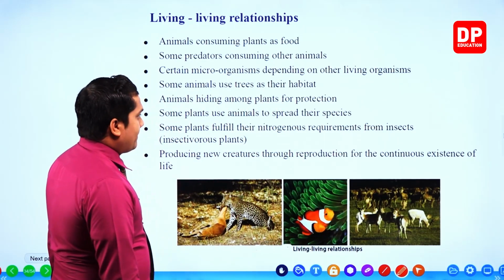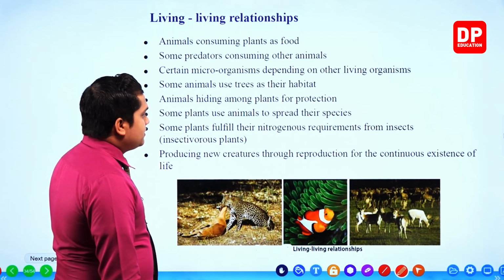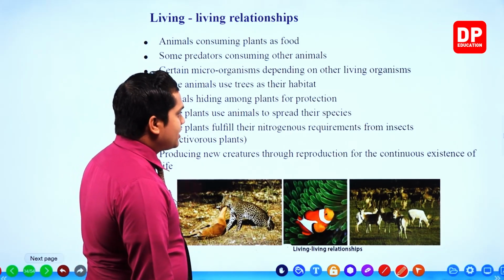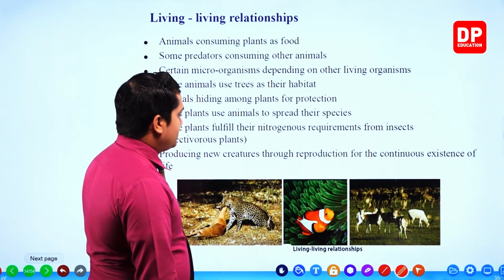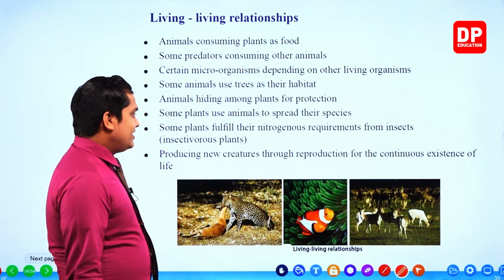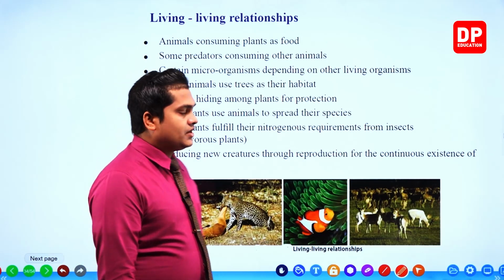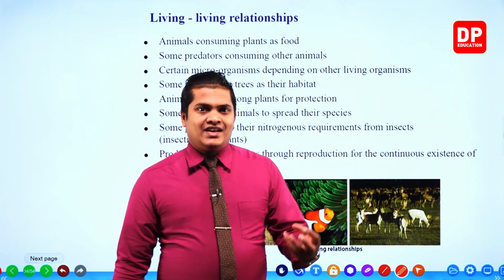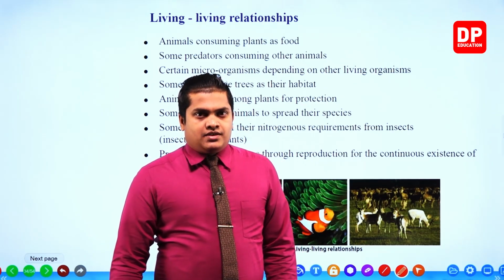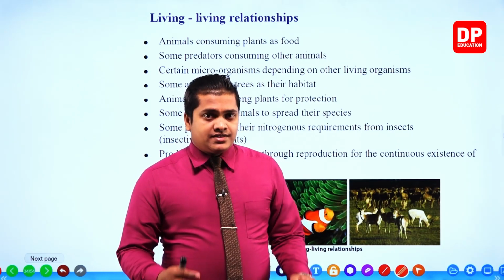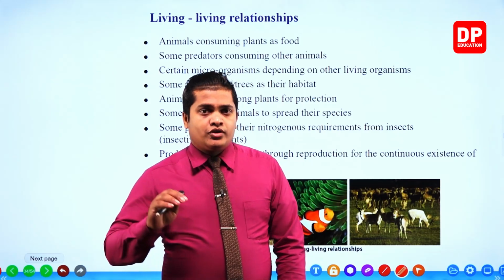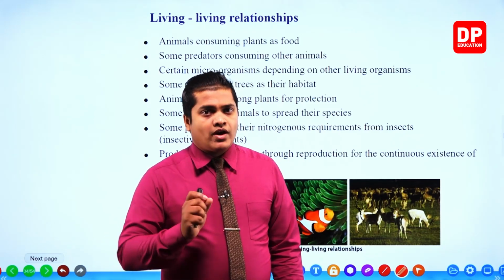Then the next one, some plants fulfill their nitrogenous requirements from insects, within brackets given insectivorous plants. So there are several plants that can capture several insects. These insects are captured by the plant in order to satisfy their nitrogenous requirement.